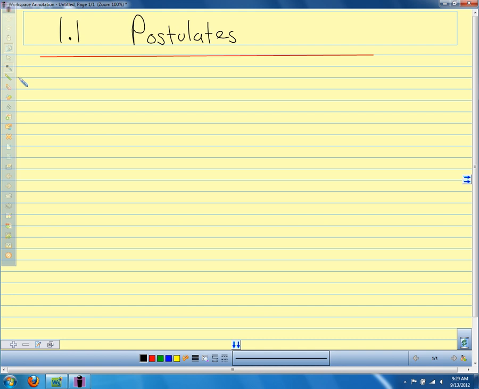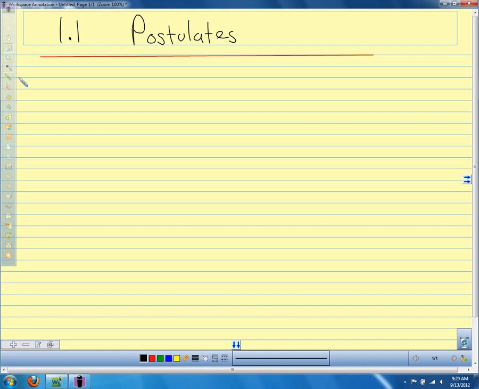We talked about our undefined terms. We came up with 8 definitions that we thought were really important the other day. We put them on our sheet. What we're going to do today is take our undefined terms and our definitions, the things we defined, and start doing some things with them.